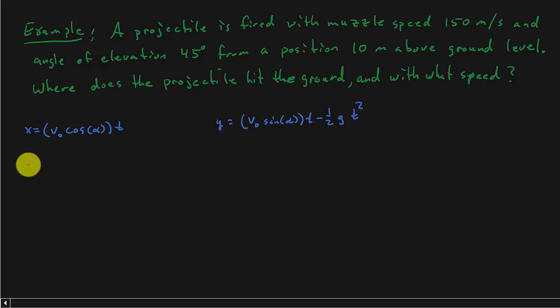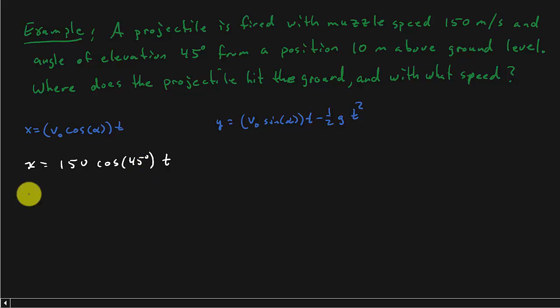So I've got x is equal to 150 times cosine 45 degrees times t, right? See, v naught is 150, and alpha, my angle, is 45 degrees.